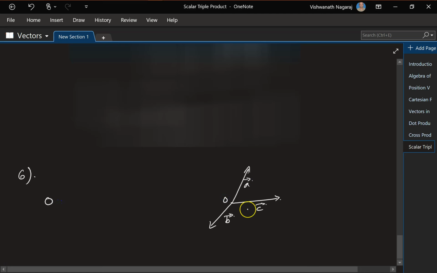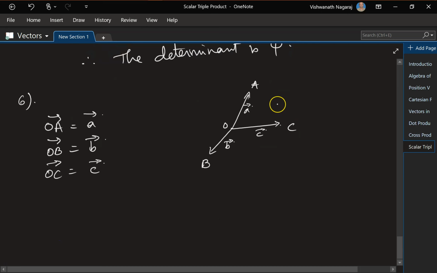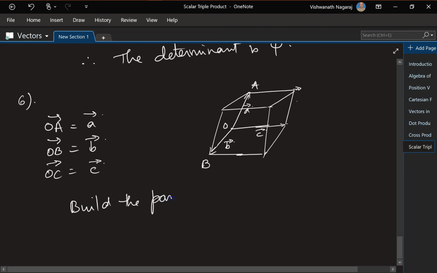This is O, this is A, this is B, and this is C. So OA is equal to A, OB equal to B, OC equal to C. Let's keep adding parallel and equal vectors to each of these vectors and build the parallelepiped.